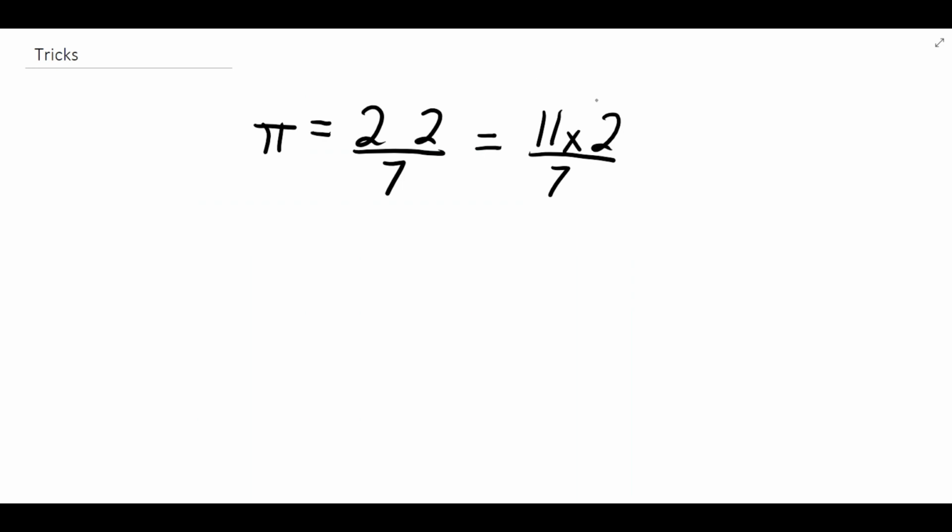So the process is much simpler. You quickly multiply whatever the number is by 2 and by 11, and that makes your multiplication a whole lot simpler.